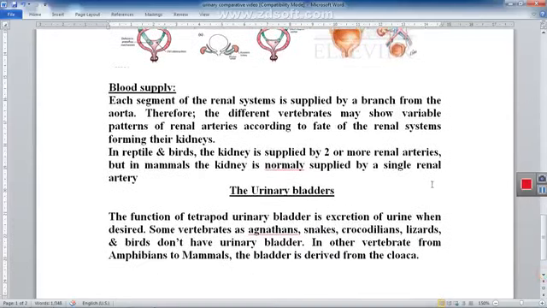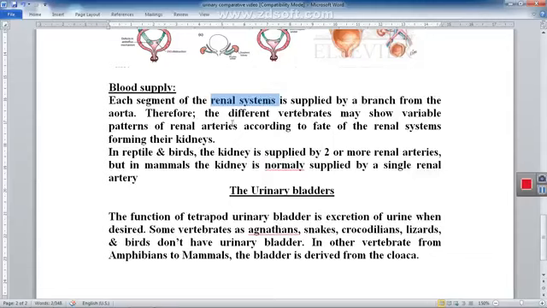And therefore, each of the renal systems, the pronephros, the mesonephros, and the metanephros, has a blood supply from the aorta. Therefore, you may find that some vertebrates may have more than one blood supply to the kidney, indicating multiple origin of the kidney from the parts or from the segments of the renal system.